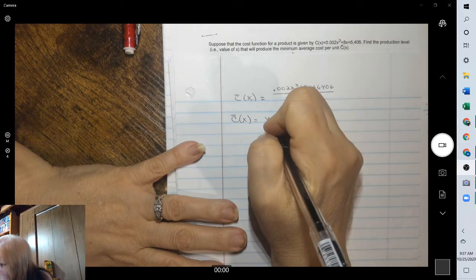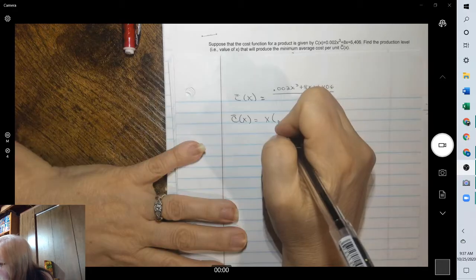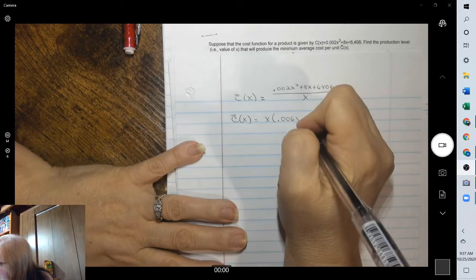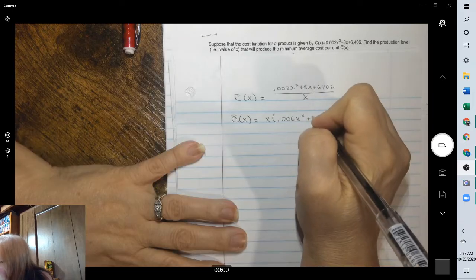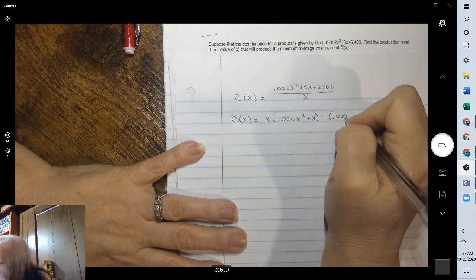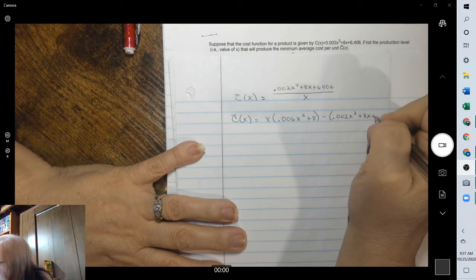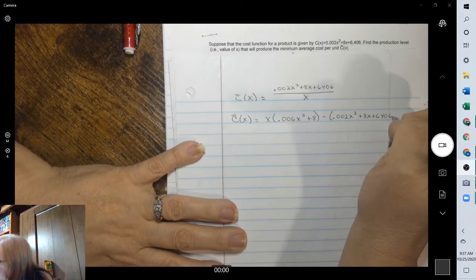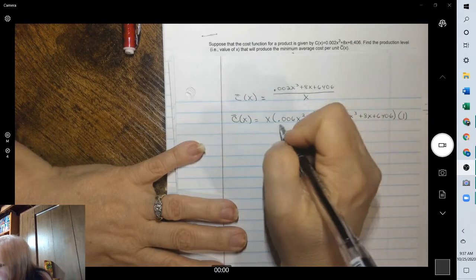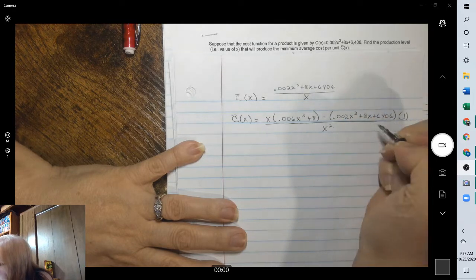So we have the bottom times the derivative of the top, which would be 0.006x squared plus 8, minus the top, times the derivative of the bottom, which is just 1, all over the bottom squared.